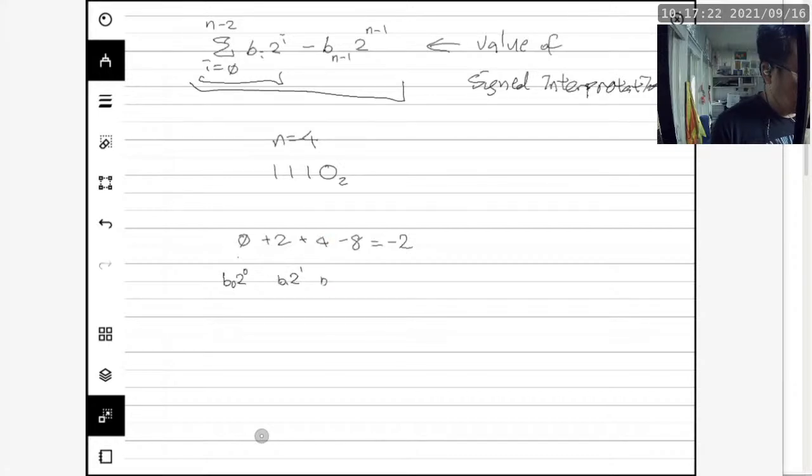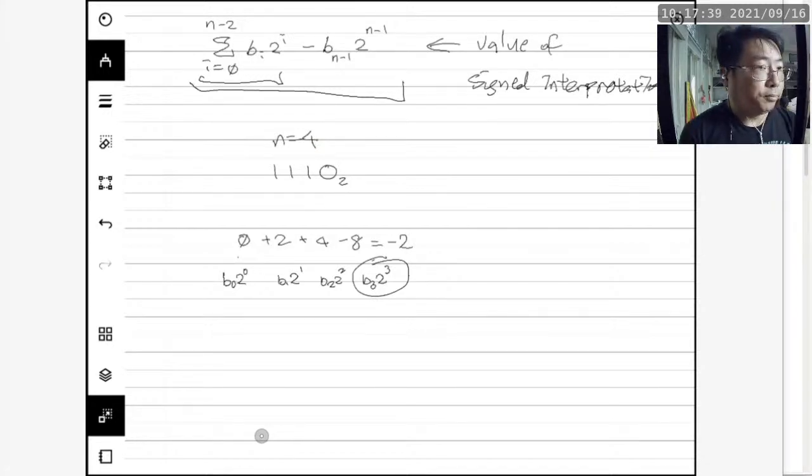This one is b2 times 2 to the power of 2. And this one is b3 times 2 to the power of 3. But this one is outside of the summation, outside of the sigma, because n minus 1 is 3, and that is not a part of the sigma. So Jonathan is correct. If you want to write out the entire thing, that is why we end up with this sum over here.